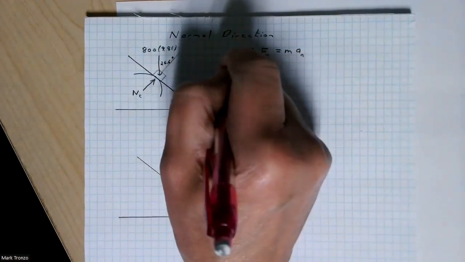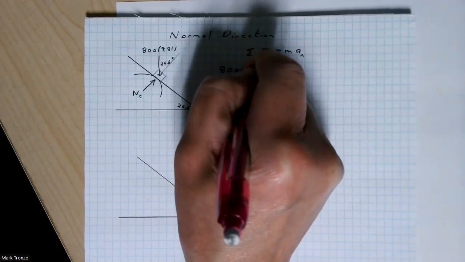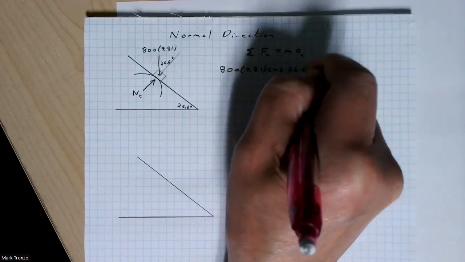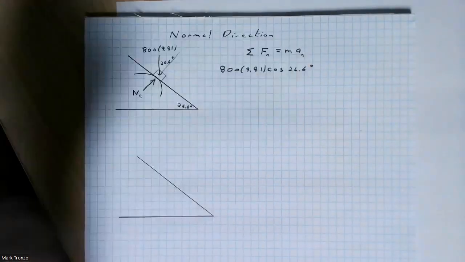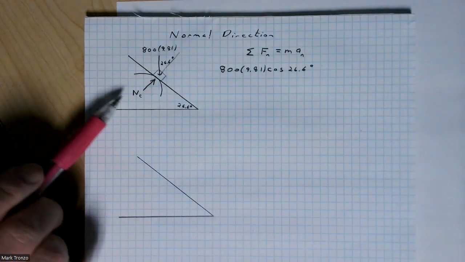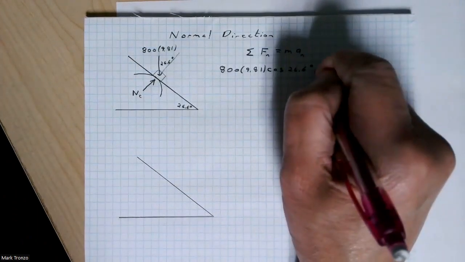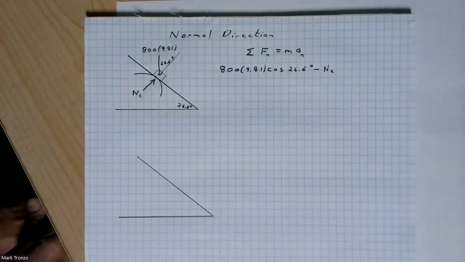In other words, if we sum the force in the normal direction, we'll have 800 times 9.81 cos 26.6 degrees, going this way. And then opposing it is this negative NC, the normal reaction.